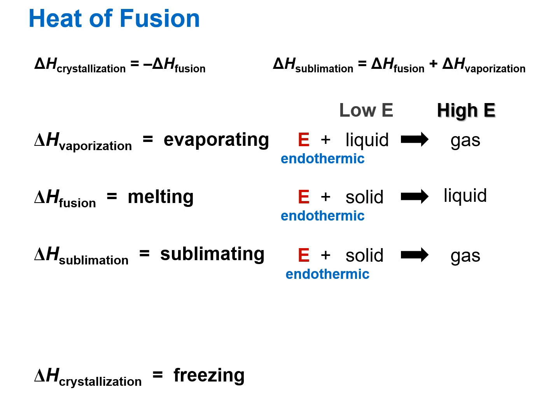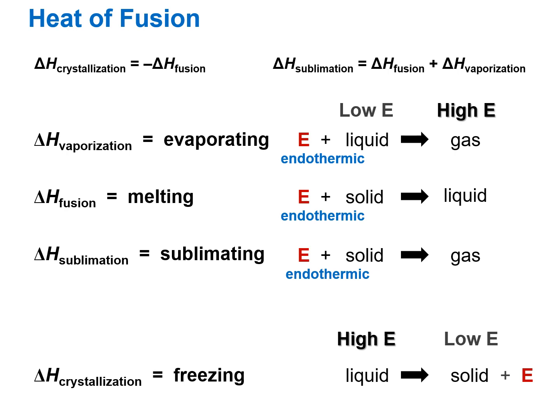Now we get to freezing, and it's something a little bit different here. In this case, we're going from a high energy state, such as liquid, to a low energy state, which is a solid. And when we do that, that means we have to take energy out of the liquid and put it onto our products side. So no longer is energy part of the reactants moving the reaction forward.